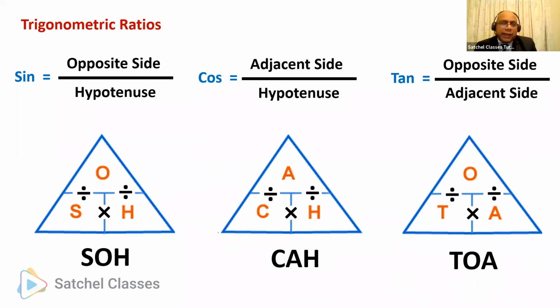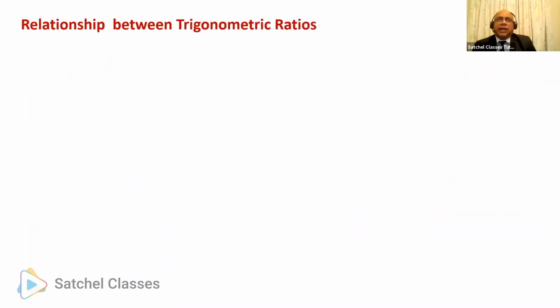In short, people remember it like SOH, S-O-H, sine opposite hypotenuse, CAH, which is cos adjacent hypotenuse, and TOA, which is tan opposite adjacent. You can choose to remember it whichever way you feel convenient. Now let us try and understand the relationships between trigonometric ratios.